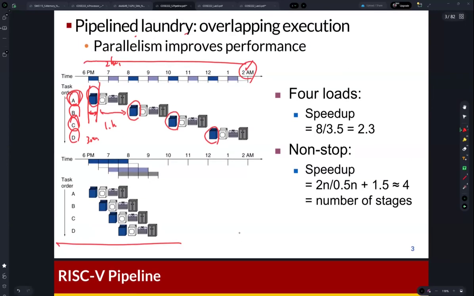So the pipelining idea is that if task A completes using this washing machine, we can move task A to the next step.